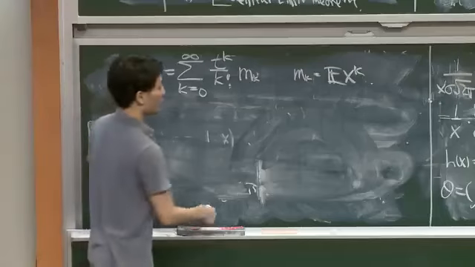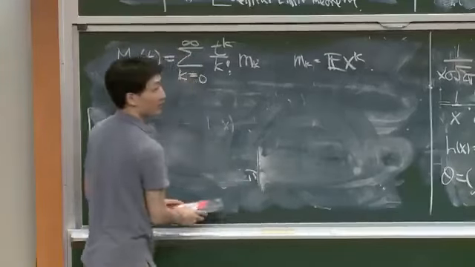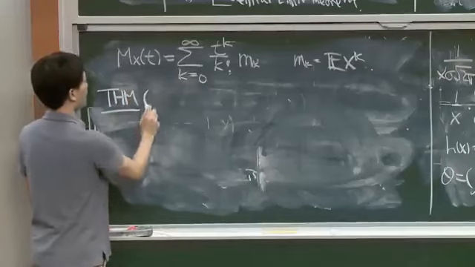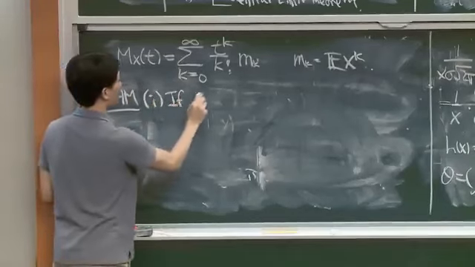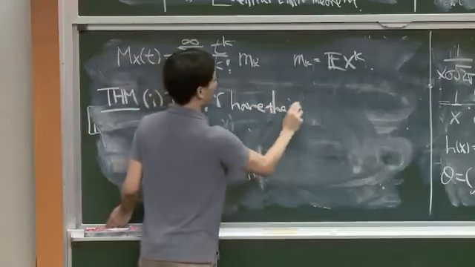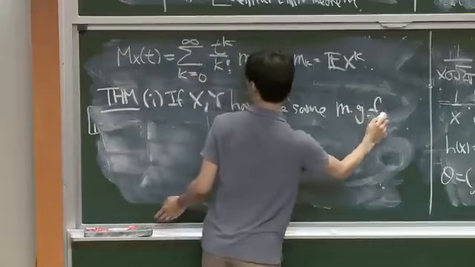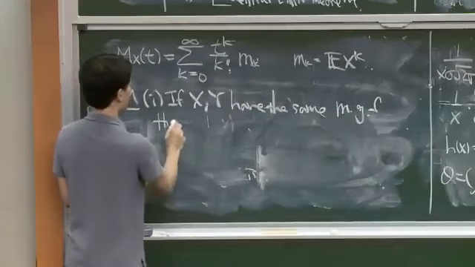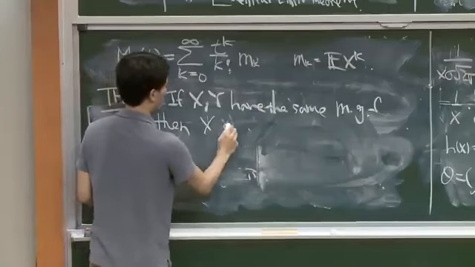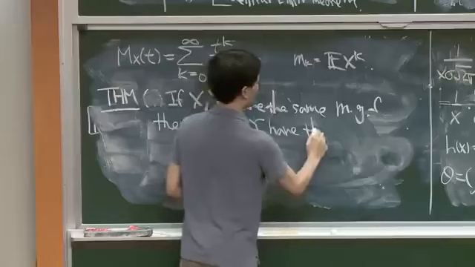So if the moment generating function exists, they pretty much classify your random variables. If two random variables, x and y, have the same moment generating function, then x and y have the same distribution.